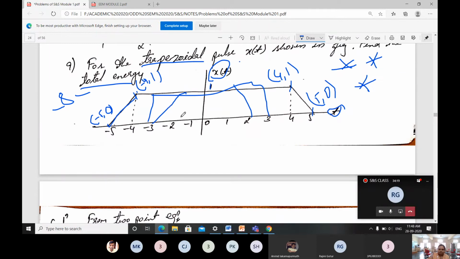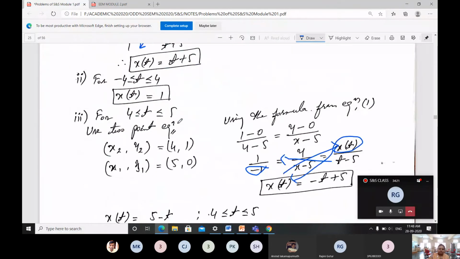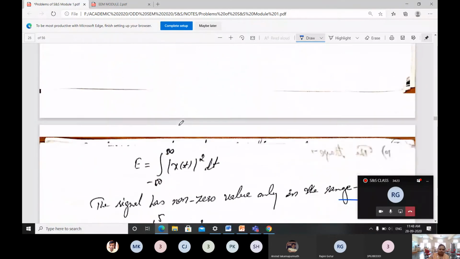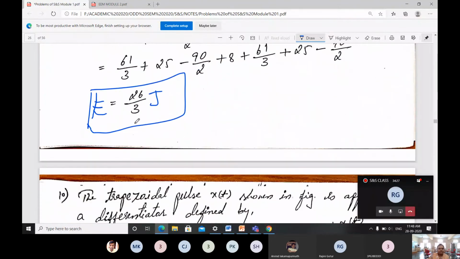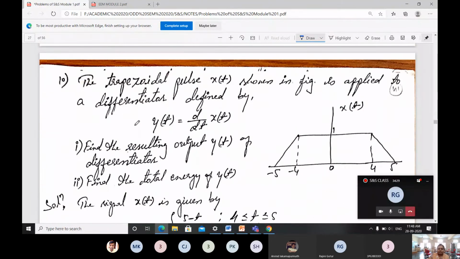Okay, this is how we have to solve for the energy if a pulse is given. This is very important. It will be asked as an 8-mark question in the examination. In the same way, here is one more example: the trapezoidal pulse x of t shown in the figure is applied to a differentiator.